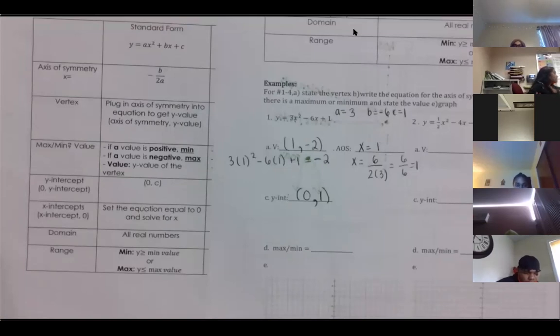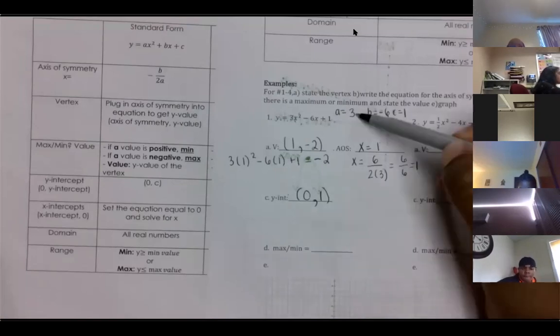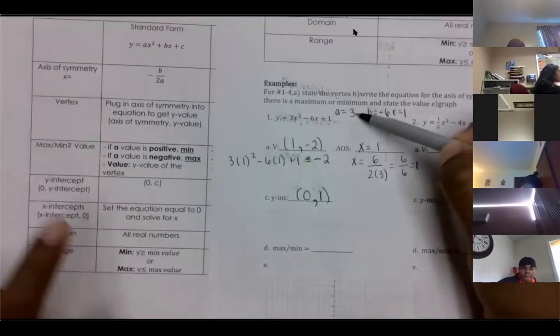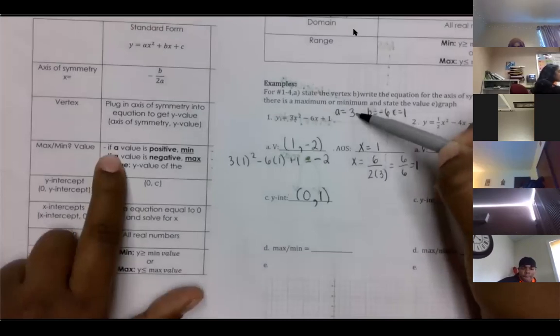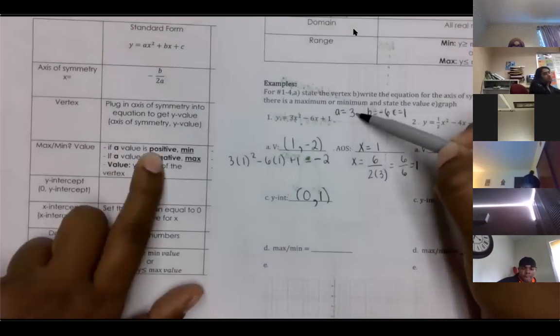All right, part D, we have to decide if it's a maximum or a minimum value. That's all dependent on whether A is positive or negative. My A is +3. From my cheat sheet, if my A value is positive, I'm going to have a minimum, so I'm going to circle the minimum.